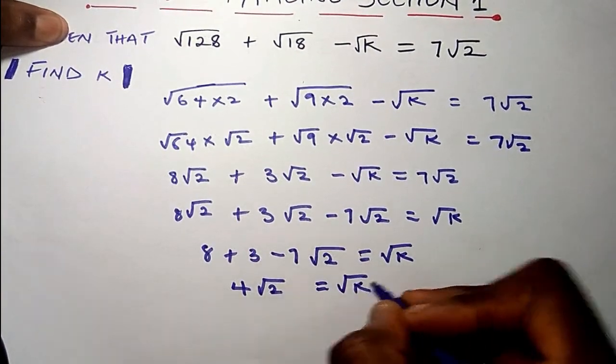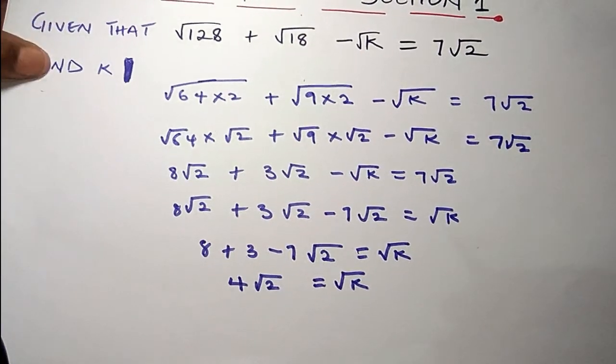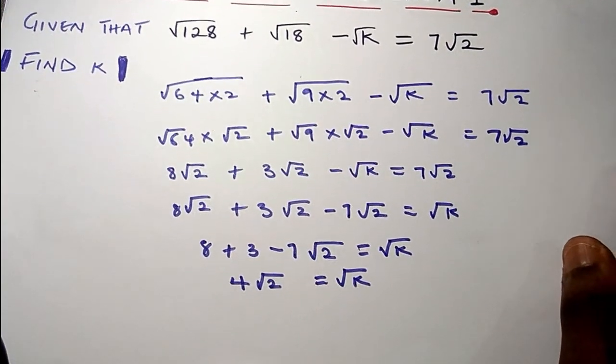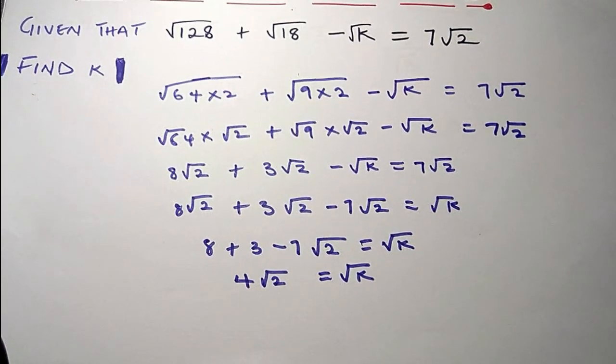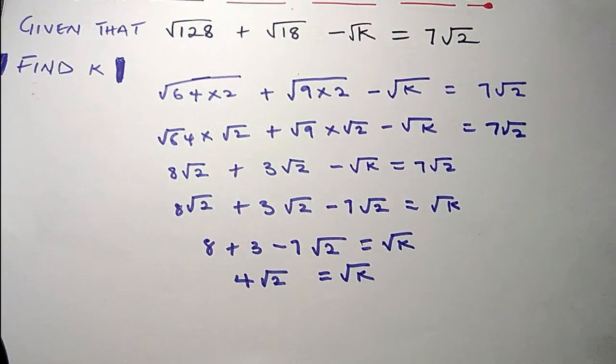Now at this point, how do you find k? Remember, we're asked to find k. So how do you find k? Okay, we're going to find k by applying one basic rule, which is for us to find the square of both sides, because that will help us have just k on this side.